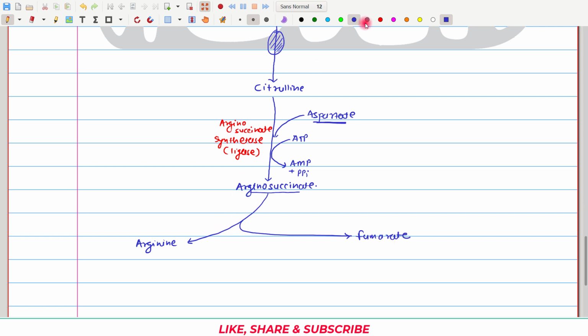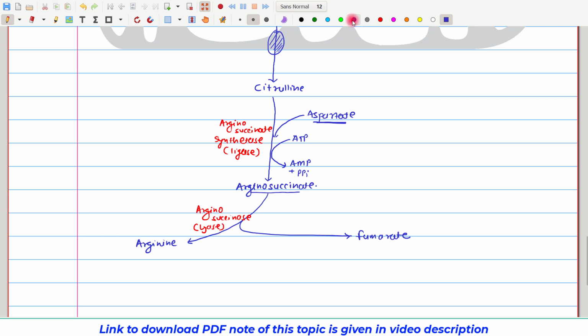This breaking down reaction is catalyzed by the enzyme arginosuccinase. Sometimes it is also referred to as arginosuccinate lyase, but both point to the same enzyme. This is of the lyase class of enzyme. Here arginine is the immediate precursor of urea.